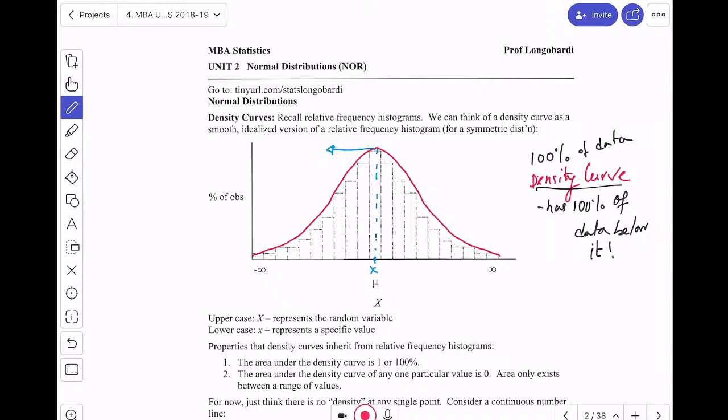I'll say the blue x. What do we call blue x? It's the mean, right?